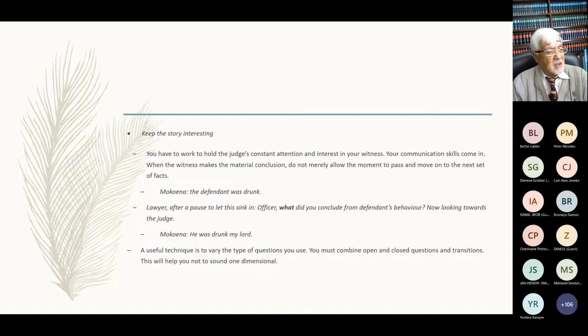When your witness comes to a material conclusion or material set of facts, never let the moment pass, okay? And move on. It's like the example: it is one of your material facts that the other driver was drunk.